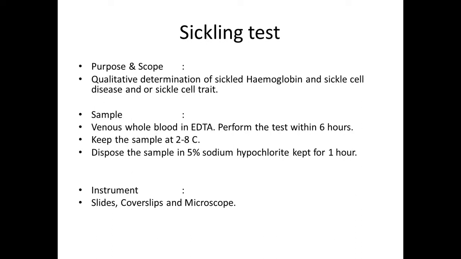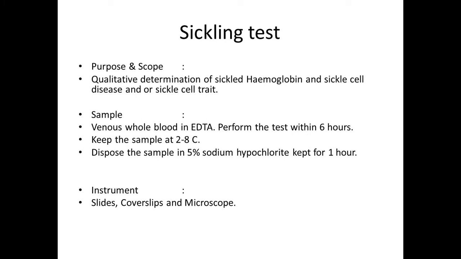It breaks and gets destroyed very early, as opposed to a normal RBC which usually lives for around 120 days. So a normal RBC lives for 120 days, whereas the sickled RBC, which is irregular, elongated, sickle-like, remains for a smaller time and gets broken down.